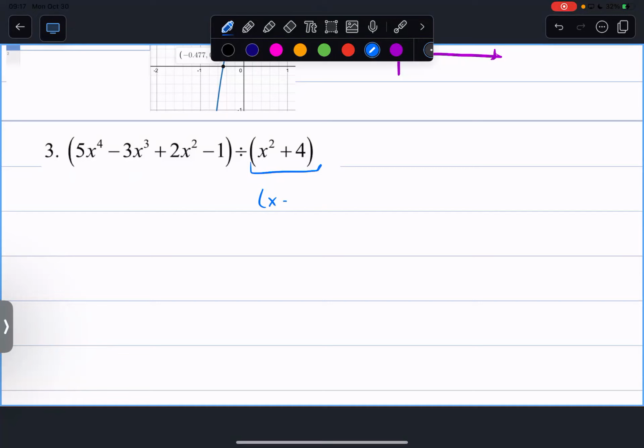I wanted to do x minus 2 times x plus 2, but I don't think that's going to work. Right? Negative. No, it's not. Sneaky. It is. I got to FOIL this. X squared plus 2x minus 2x minus 4. Dang.